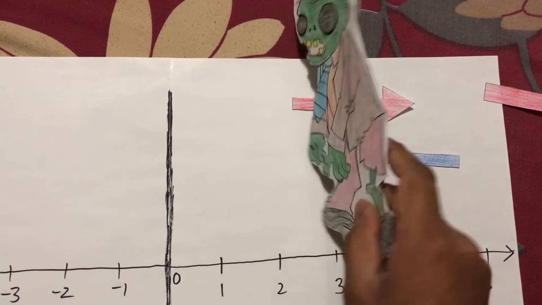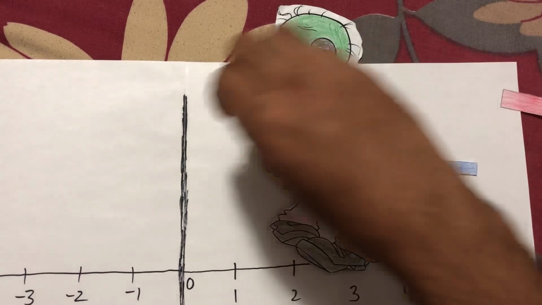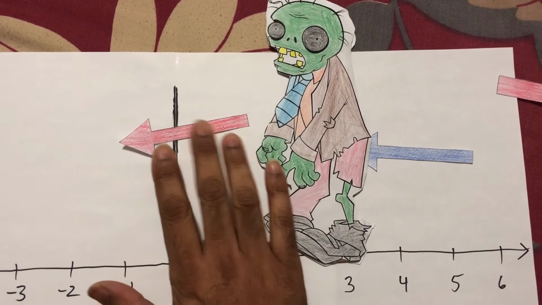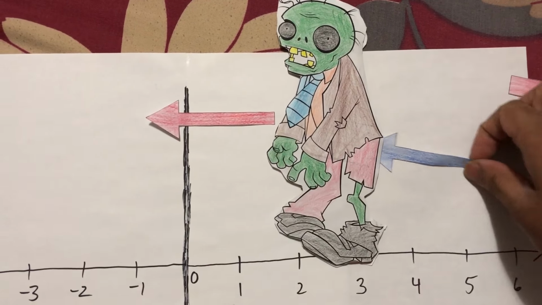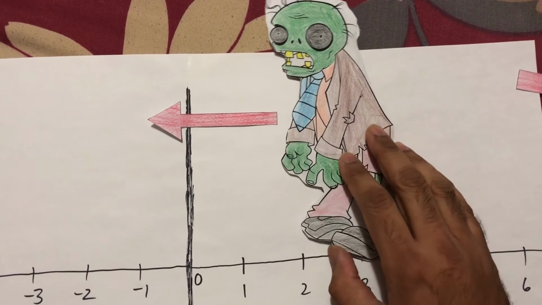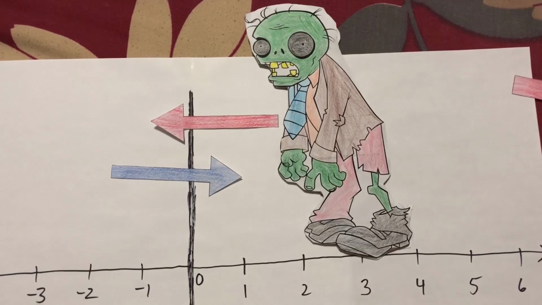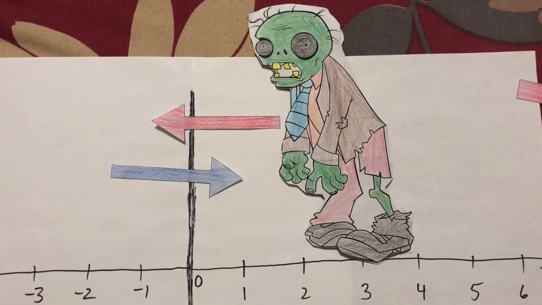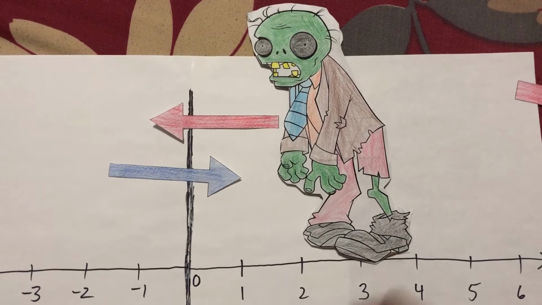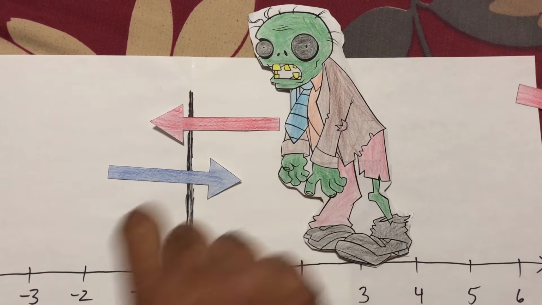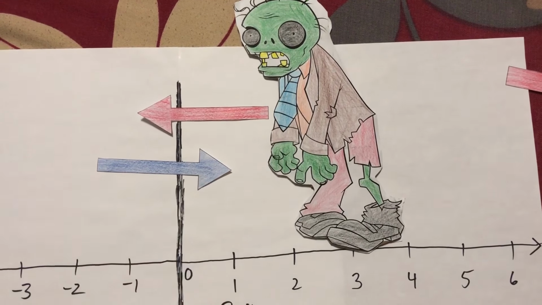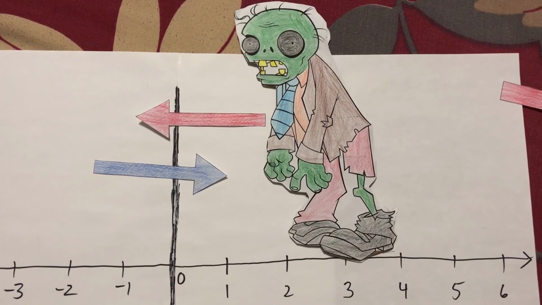The same could be talked about if you're pointing in the other direction. The zombie is moving left, but if it receives a positive acceleration, positive just means to the right. If you push it to the right, you're actually not helping it at all. It wants to move left, you're pushing it right, you're actually going to be slowing it down.